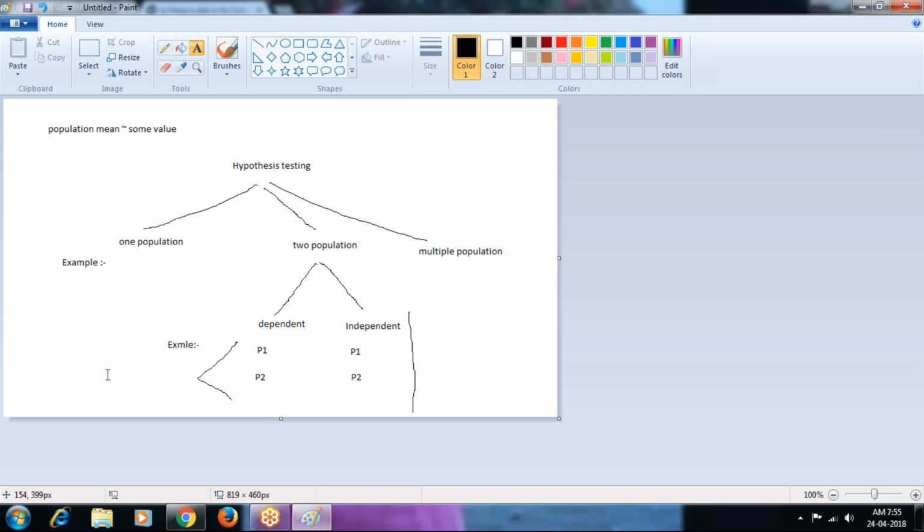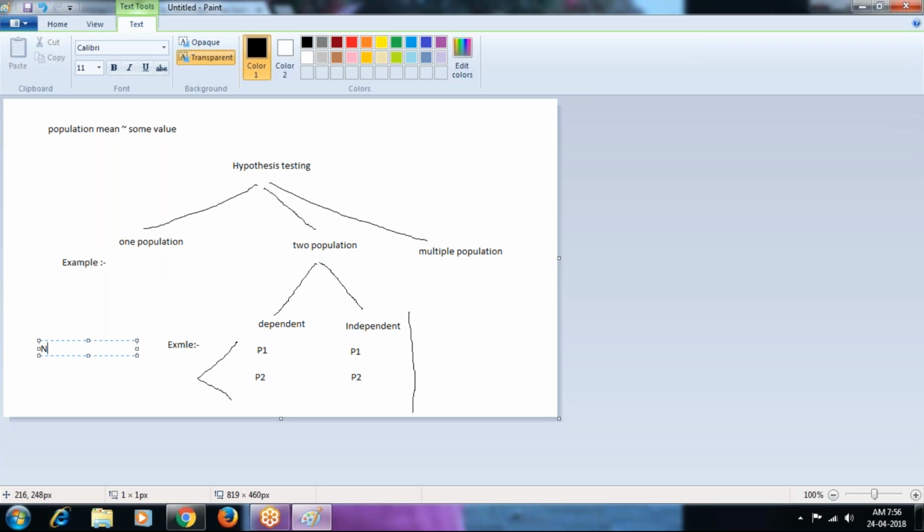Now you are trying to say that both the populations have a similar average weight. So in this case, you will set up a two population hypothesis testing for dependent populations. So what is my null hypothesis here?